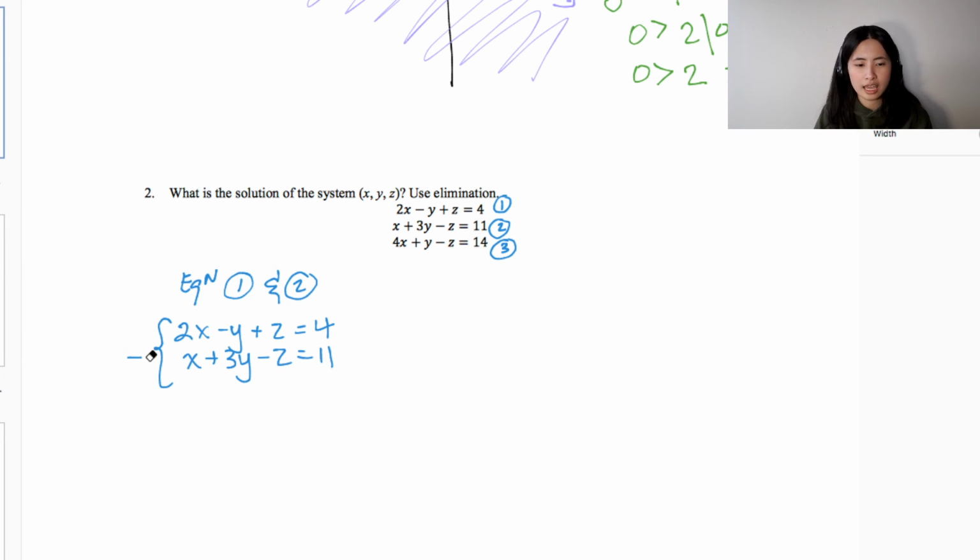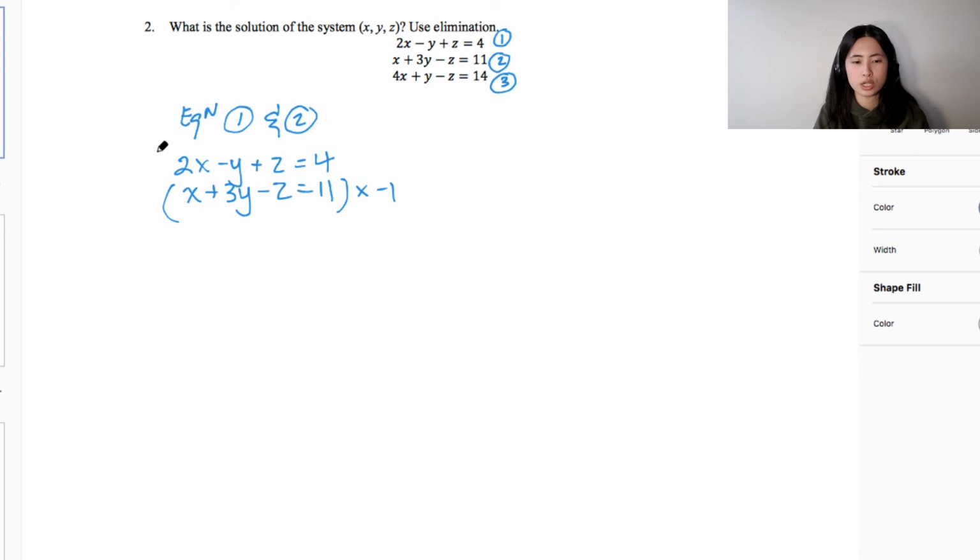In that case, you have to modify the second equation first so that you get rid of z. Maybe we can multiply it by -1. When we multiply the second equation by -1, that turns this into positive z, so when we subtract the two equations, that gets rid of z. Let's try that again.